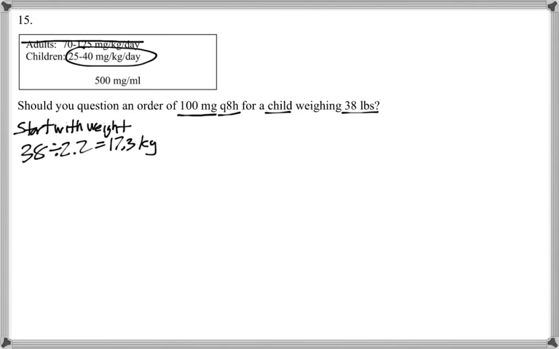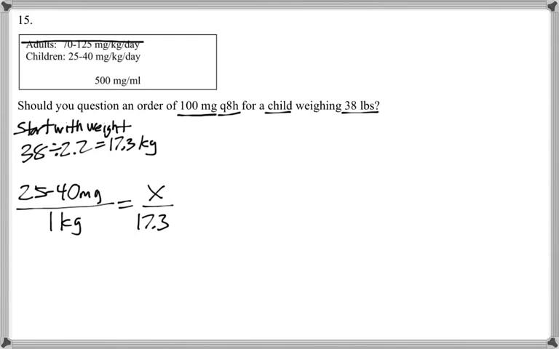So that's the one I want to use first. So 25 to 40 milligrams over 1 kilogram is equal to x over 17.3 kilograms. And then I want to solve the proportion.